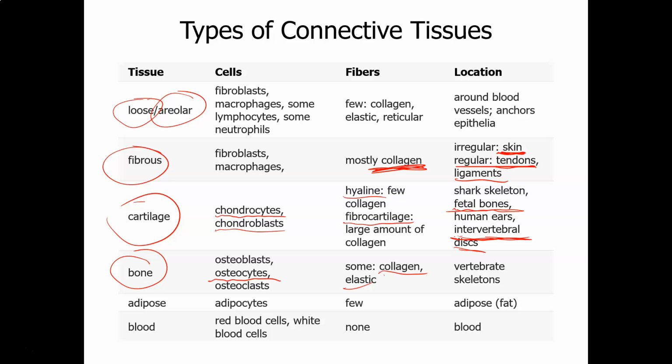We have bone tissue in vertebrate skeletons, in our endoskeletons. And then there's adipose tissue, which is also a loose connective tissue, and it's fat tissue. Then there's blood, which is a connective tissue, and does not have any protein fibers in it. The matrix is blood plasma.